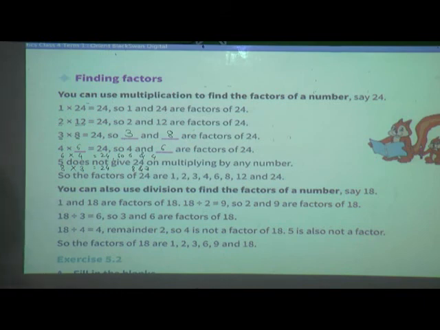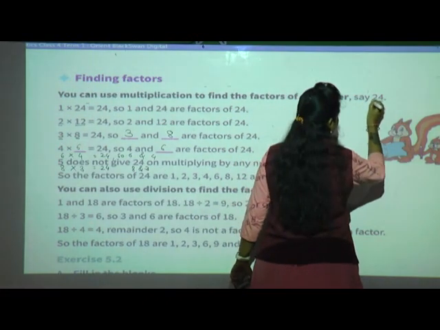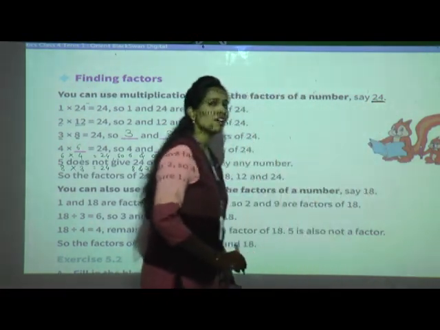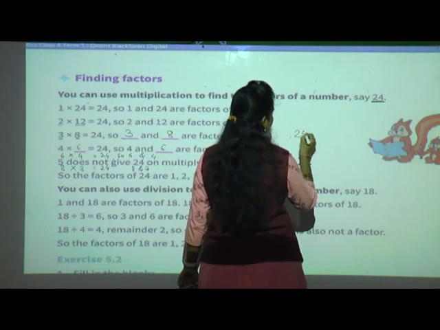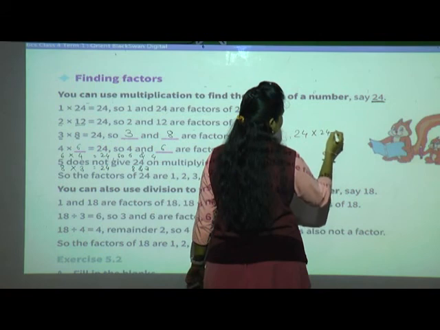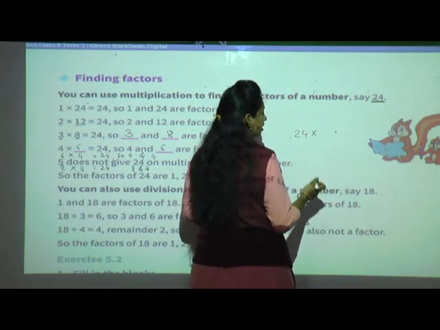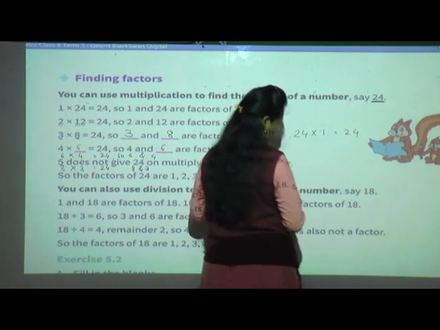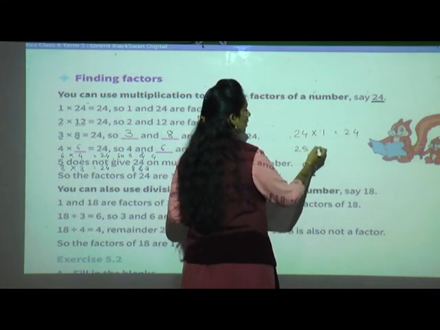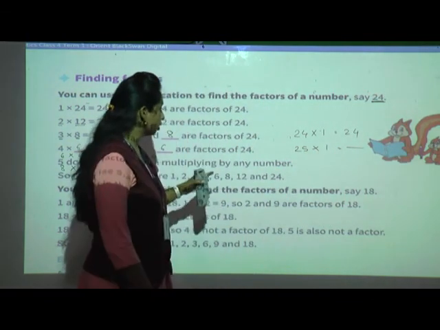Till where do you have to think? Till the number itself. Okay? Why should we not think of the next number? Because when you multiply any number with 1, you get the number itself, isn't it? So if you go with 25, you will get a greater number. But what do we want?